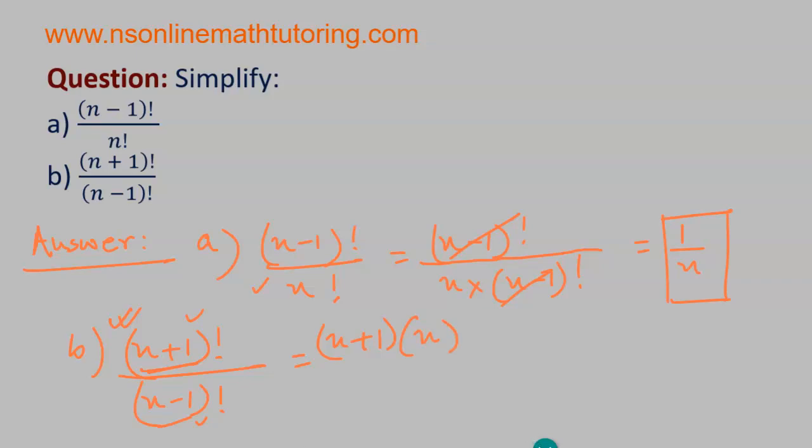Or let me write n plus 1 minus 1. Then it is n plus 1 minus 2, and so on, down to 1, over n minus 1 factorial.